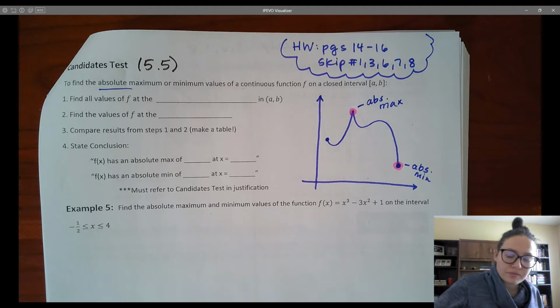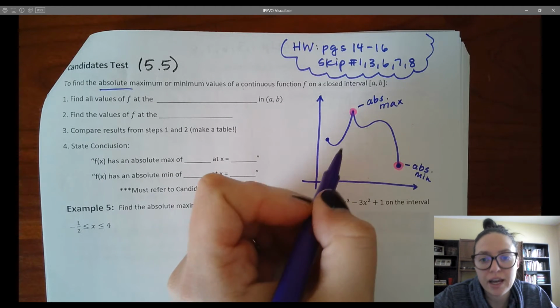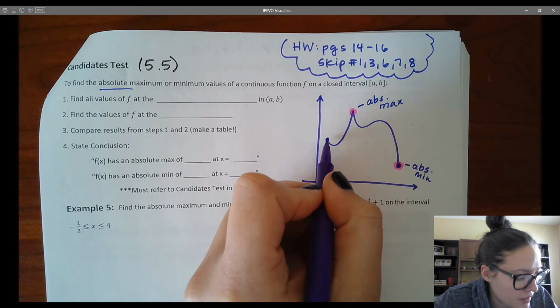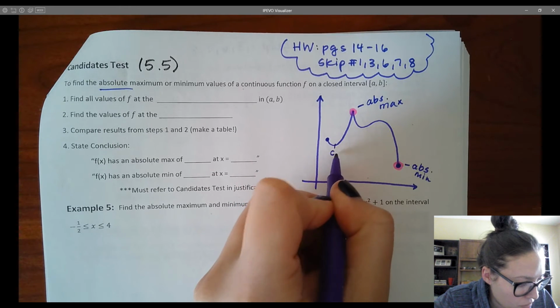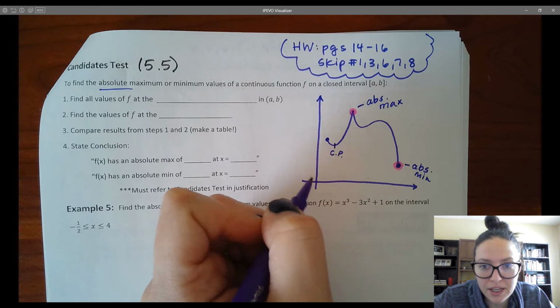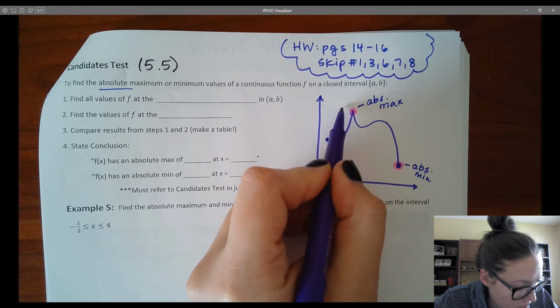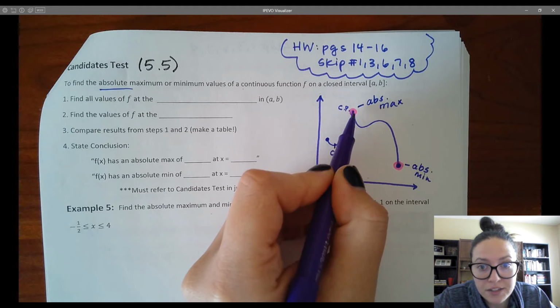So let's talk about where we have possible absolute maximums or minimums. These two are obviously our endpoints. This right here is a critical point, right? The derivative equals 0 right there. This point also is a critical point because the derivative is undefined at this point.